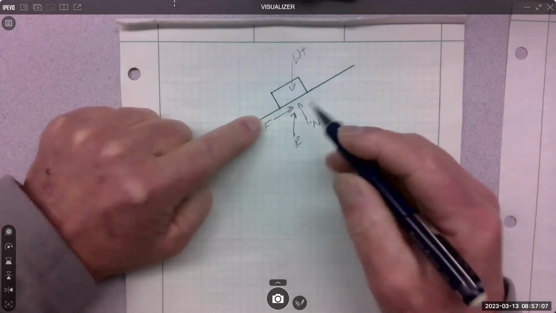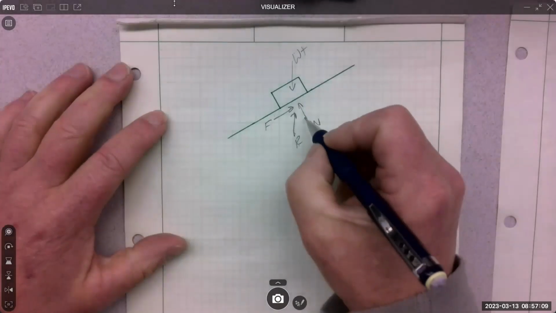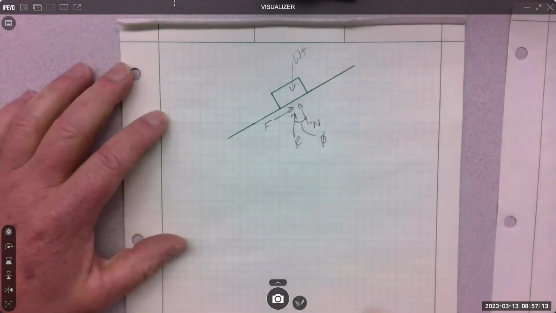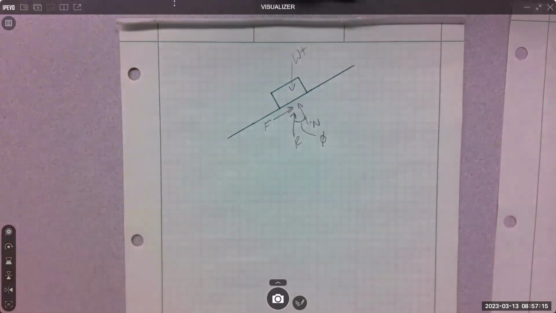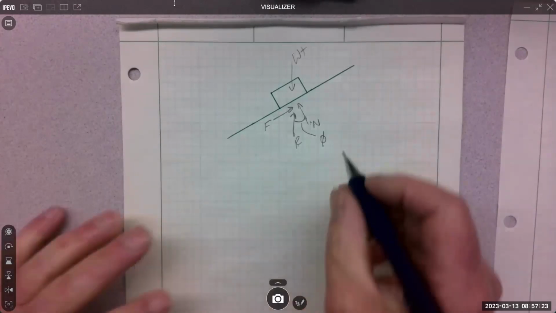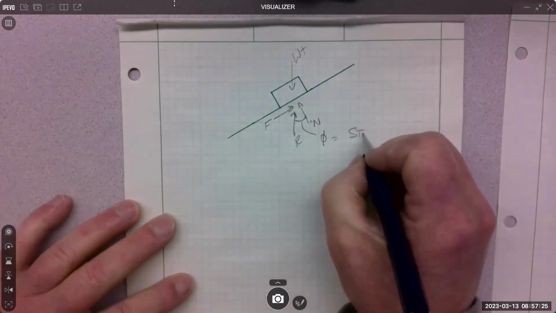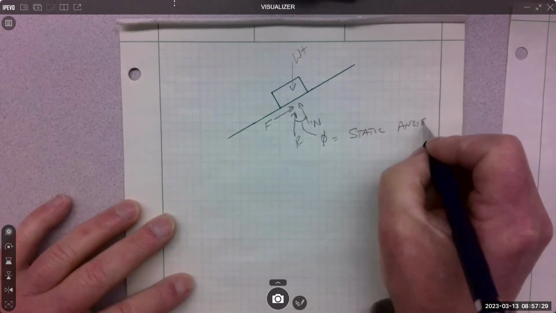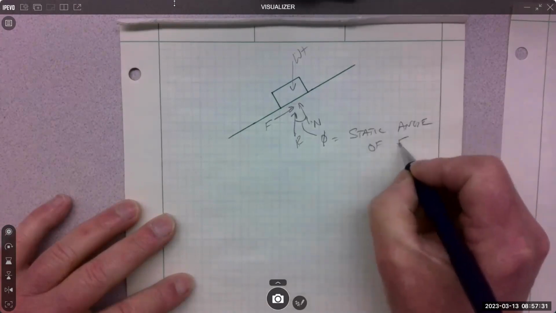The tricky part is there is the static angle, and we use theta to denote it. That's the angle at which it slides. This is called the static angle of friction.